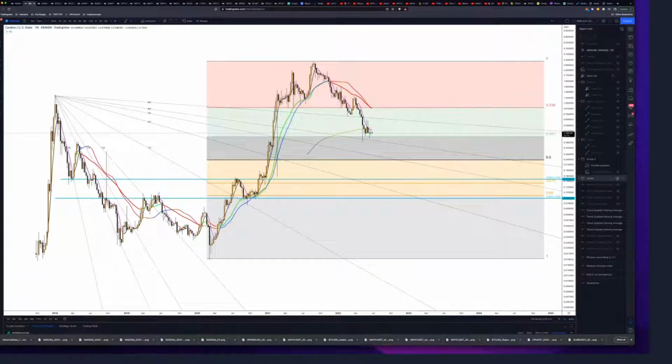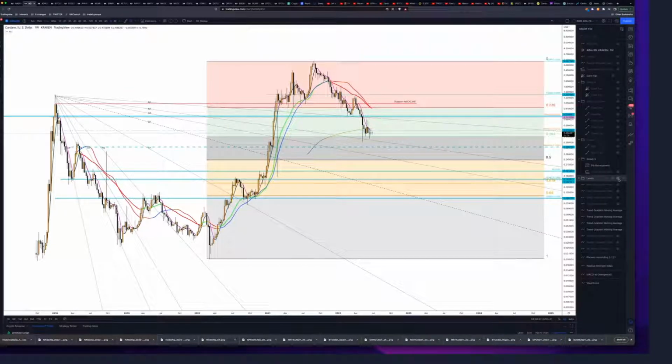And if we put on our levels, we don't have any actually strong candlesticks that will support that. So it's just Fibonacci at the moment that's really doing the job.